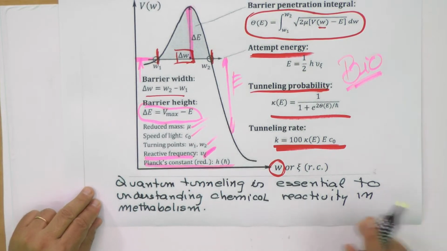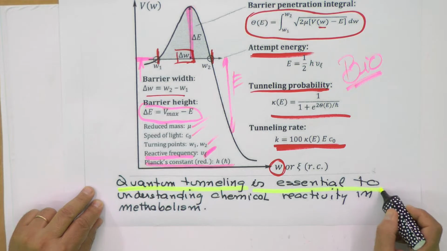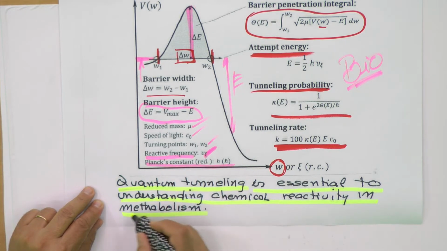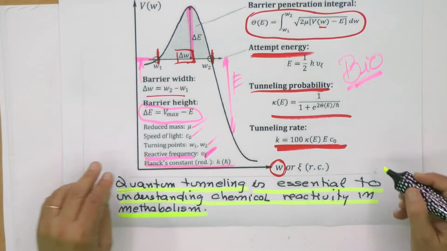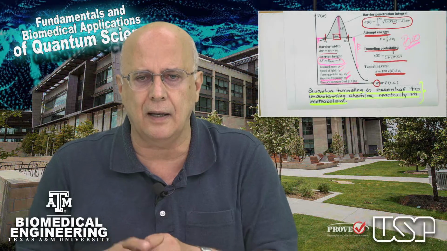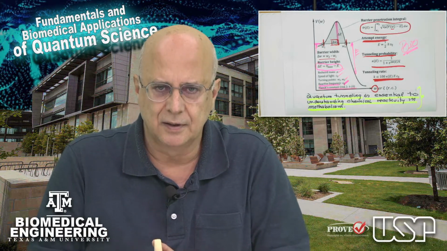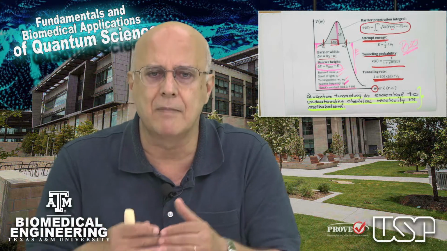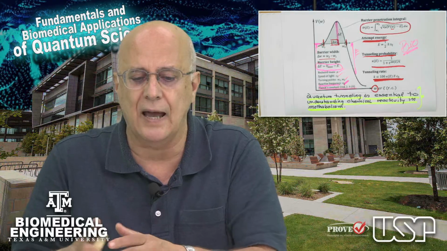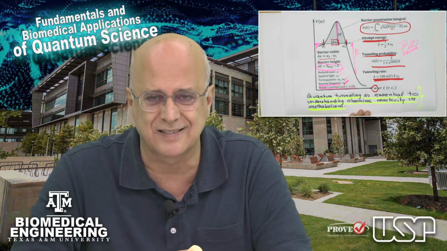I would like to end this example by saying that quantum tunneling is essential to understand the chemical reactivity in metabolism. Essential. And when you do biomedical engineering or any other engineering that's related to life, we must know reactivity. We must evaluate reactions. We must do that. And quantum effect, especially the tunneling, is there.